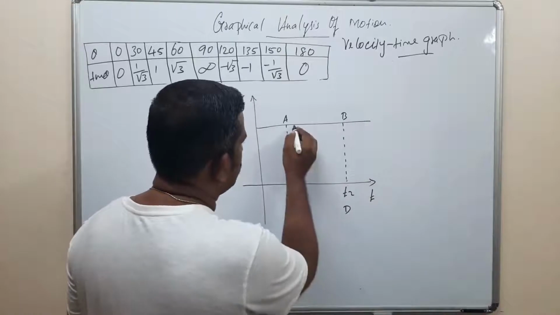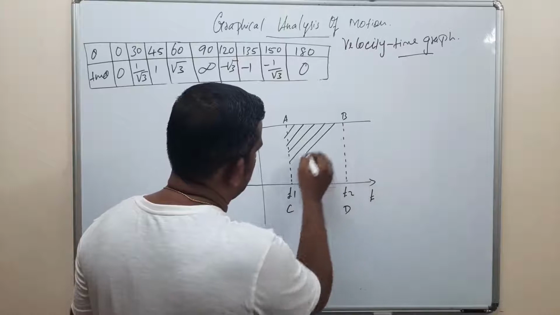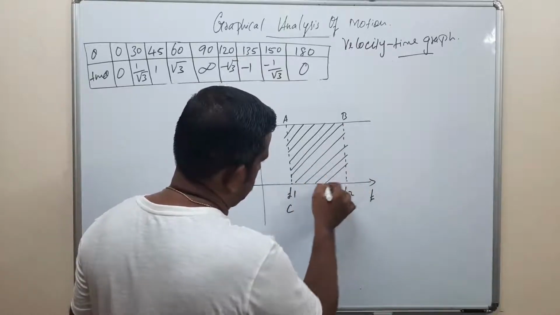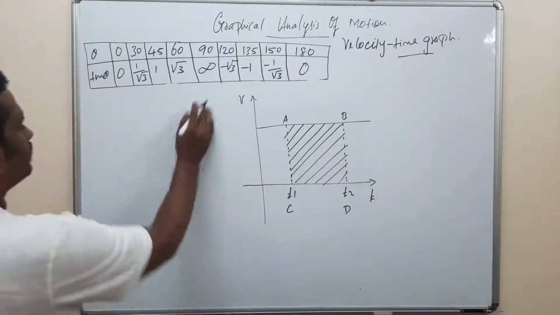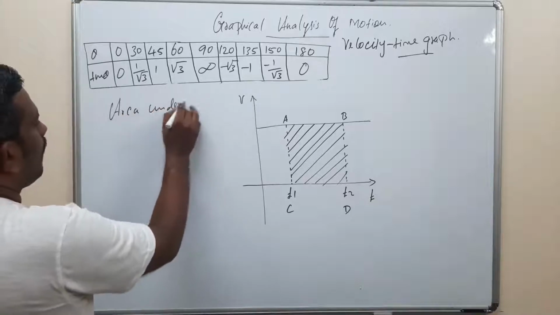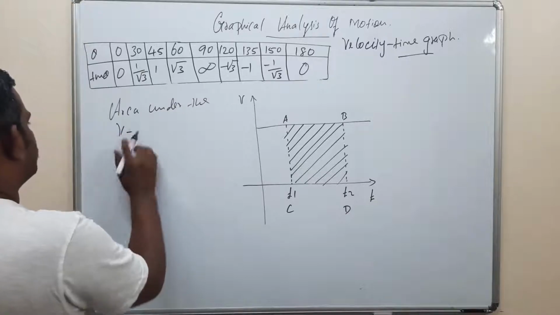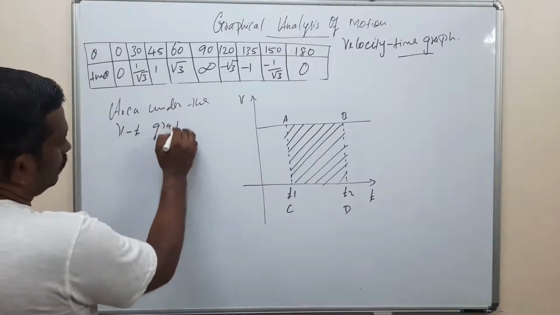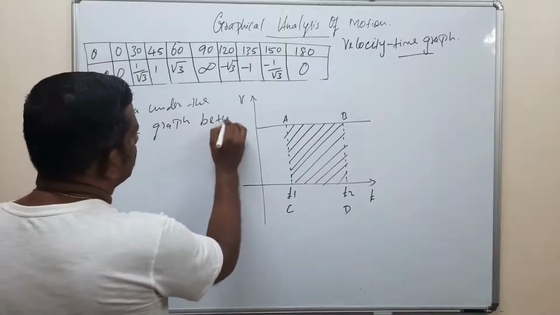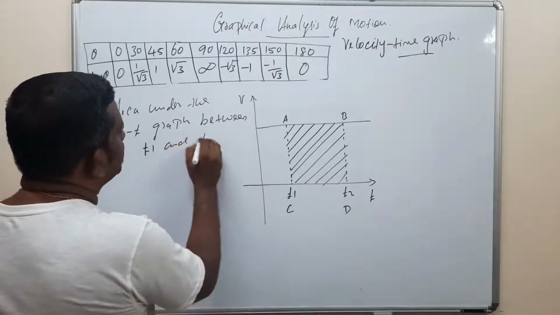So we have to find the area under the VT graph between the times T1 and T2.